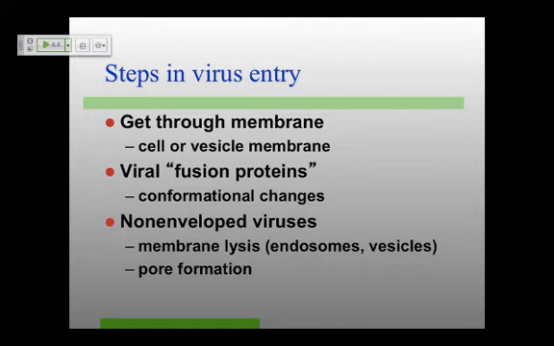Again, in a totally anthropomorphic sense, but you can see that if you break open the membrane, it's going to be a problem. So usually, when these non-enveloped viruses come inside the cells, they break through the membrane once they're actually inside the cell, once they've passed the plasma membrane. And so that process of passing the plasma membrane usually happens through endosomes. The other possibility, and this is what almost all bacteriophage do, is literally make a hole and poke their genome through it. So those are the ways that you can actually get in.